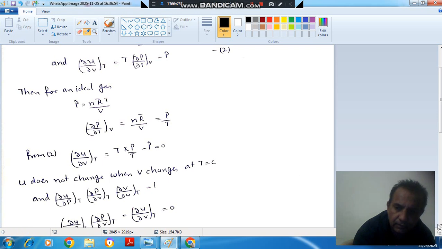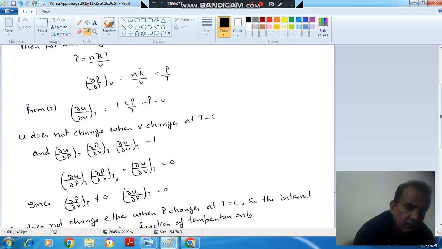Now using another mathematical identity, we have (∂U/∂V) at constant T times (∂V/∂P) at constant T times (∂P/∂U) at constant T is equal to minus 1, or we can say (∂U/∂P) at constant T equals (∂U/∂V) at constant T times (∂V/∂P) at constant T. Since (∂U/∂V) is 0, this is also 0, and we know that (∂P/∂V) at constant temperature is not equal to 0, so it means (∂U/∂P) at constant temperature is equal to 0.